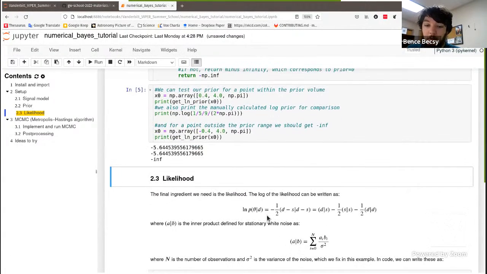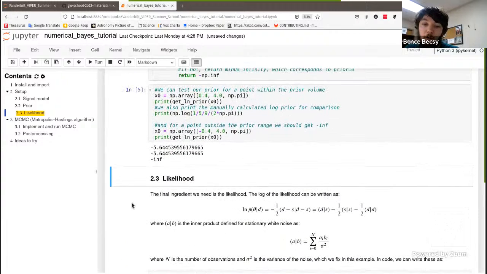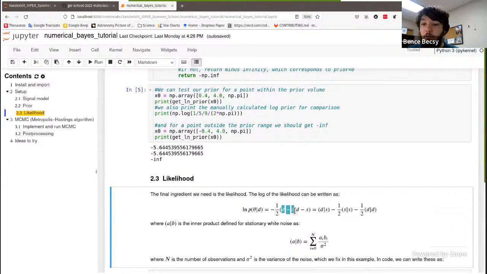Then we go on to building the likelihood. That is not much more complicated, maybe a little bit. I think we've seen this equation maybe in Neil's talk yesterday. When you write the log likelihood in Gaussian noise, what we do is we take our data and subtract the signal model.